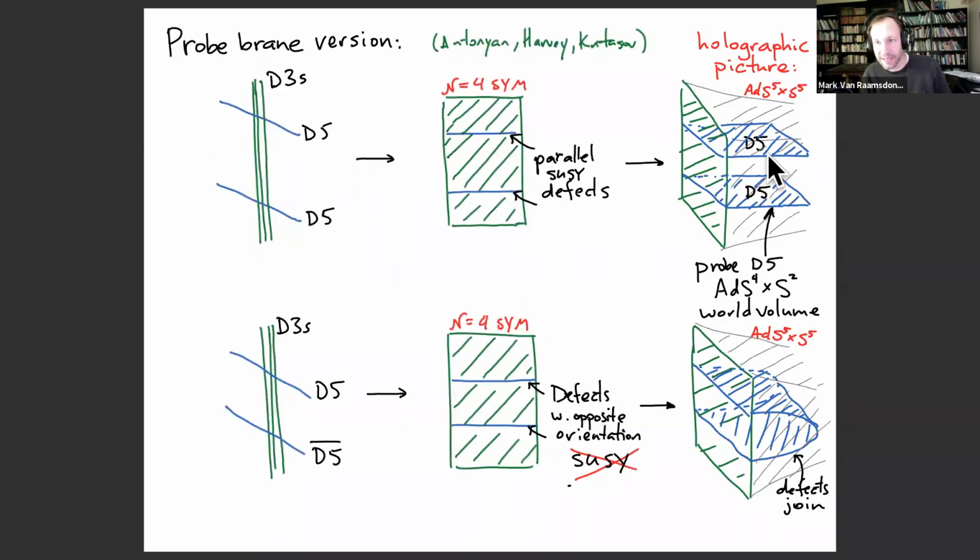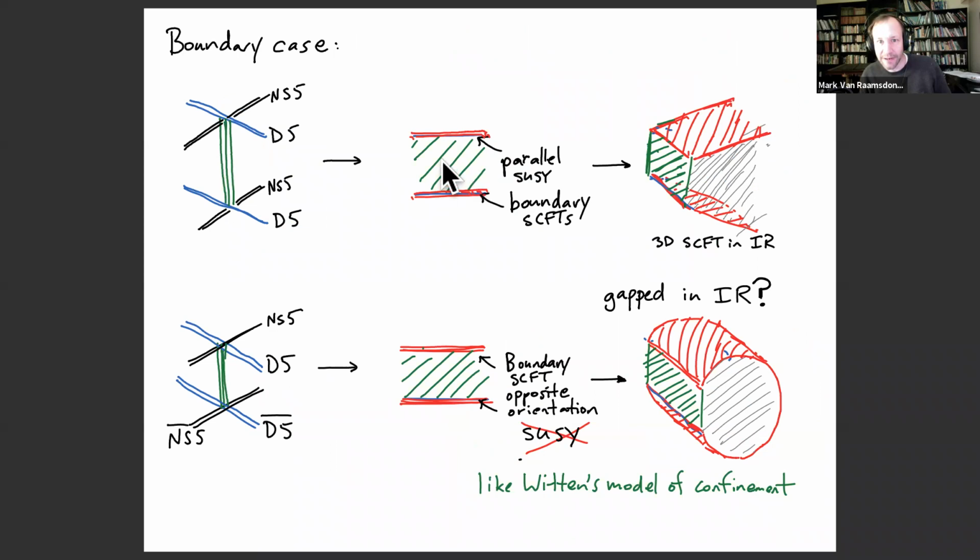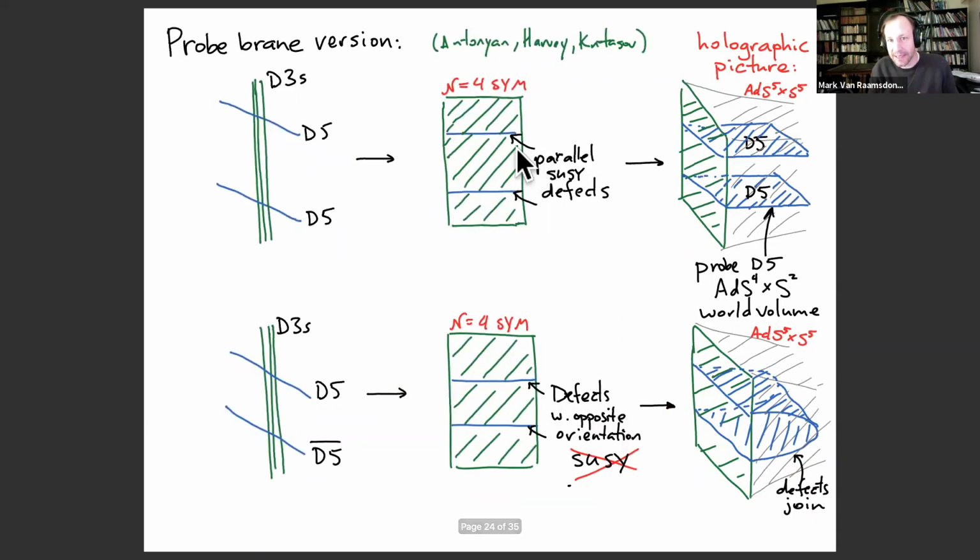So now instead of a single probe brane in AdS5 times S5, what we have are these end of the world branes. You can imagine going between these: first imagine having more and more 5 branes, and then having some of the D3 branes end, and so forth.